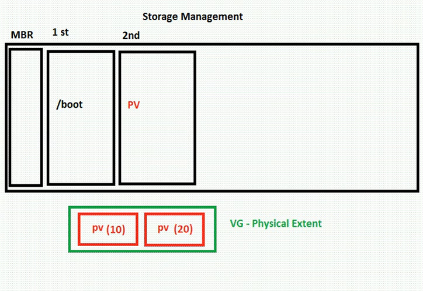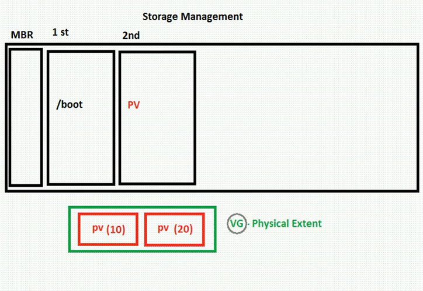Let me explain this concept one more time. What we have created is a VG, the green thing, and within the VG we have created small sections called physical extents. Let us say my first PV is 10 gigabytes and the second PV is 20 gigabytes, so the combined volume group is 30 gigabytes.